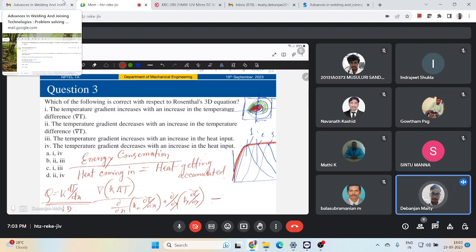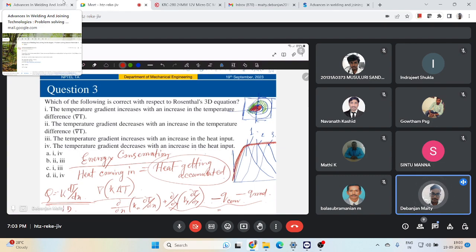Minus, you can consider the convection heat loss, which is h del T, and then you can consider the radiation heat loss, which is proportional to the fourth power of the temperature. Those convection and radiation heat losses will be equal to what?